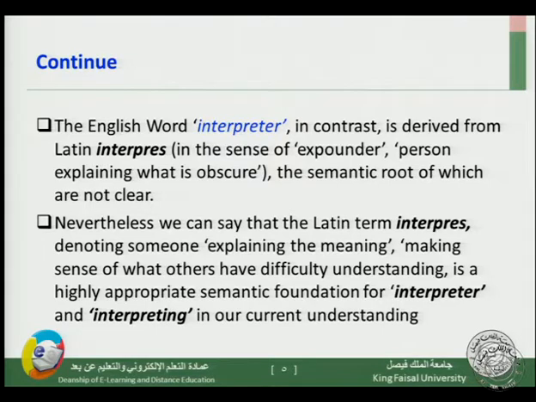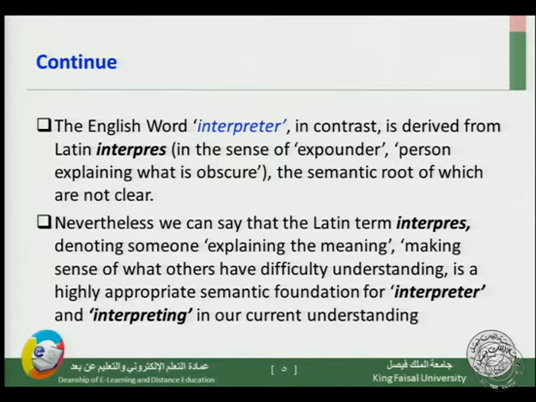It is exactly like the job of the interpreter in our current meaning. So an interpreter is someone who makes something obscure clear, and who tries to explain things which are not clear to someone who finds it difficult to understand. In other words, an interpreter is someone who is trying to explain the meaning of something in English into Arabic, because Arabic speakers find it difficult to understand the English language.